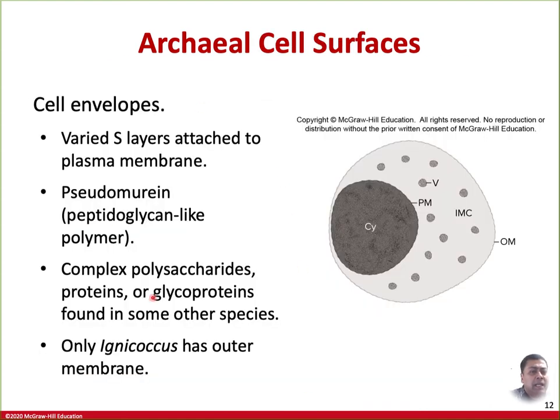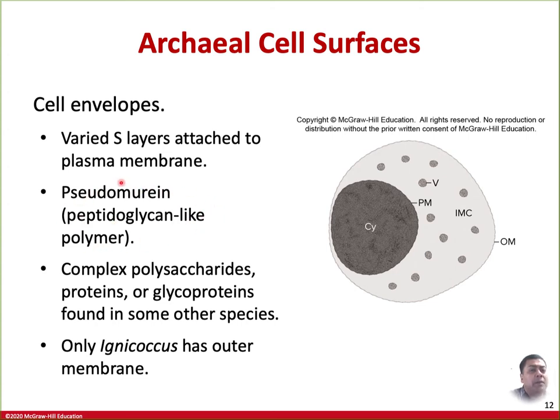On the other hand, the cell envelope is a varied S layer attached to the plasma membrane, and sometimes this S layer is the only layer attached to that, and it could be up to 70 nanometers in width. And there is a structure which we call pseudomurein. This is a peptidoglycan-like polymer, but it is not peptidoglycan.